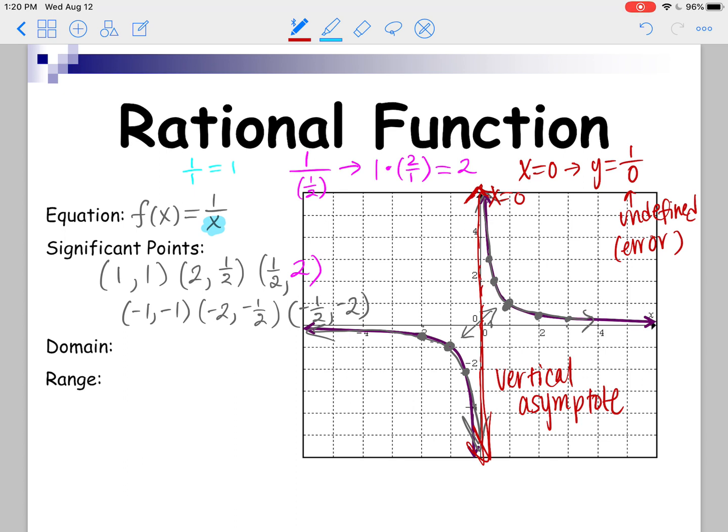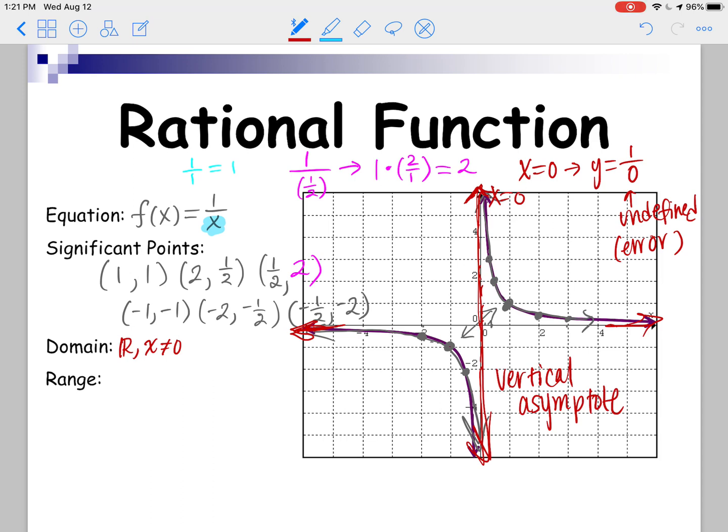And so for our domain, we have every single number in the domain. This function goes forever to the left and forever to the right, but the only value we don't get is x equals 0. And so the way we say that is we can say all real numbers, comma, x cannot equal 0.